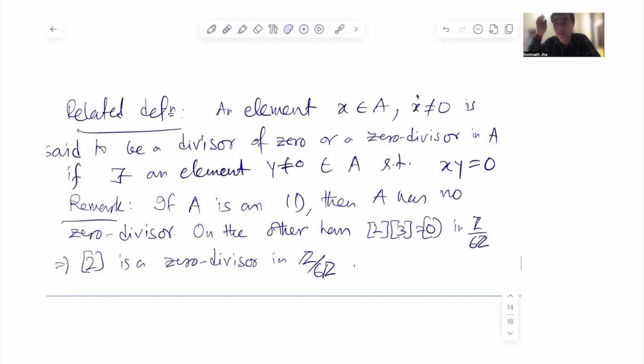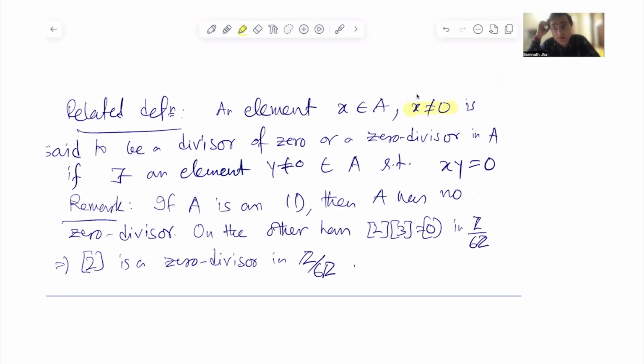We saw the definitions of unit, prime element, irreducible element, prime ideal, and maximal ideal. A non-zero element x is said to be a divisor of zero, or a zero divisor, in A, if there is an element y not equal to zero so that xy equals zero. That is, you multiply by another non-zero element and you get zero.